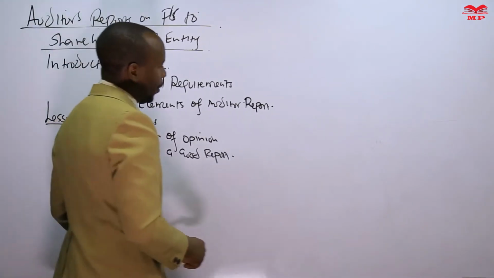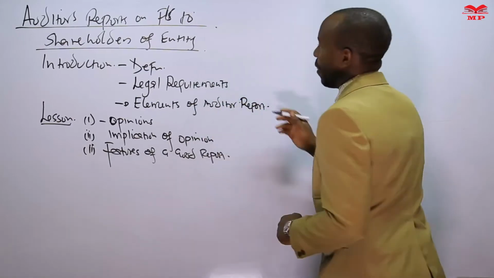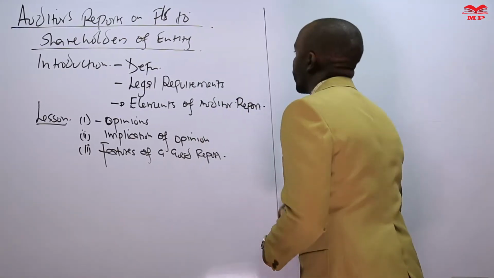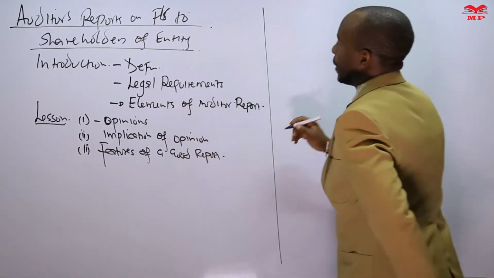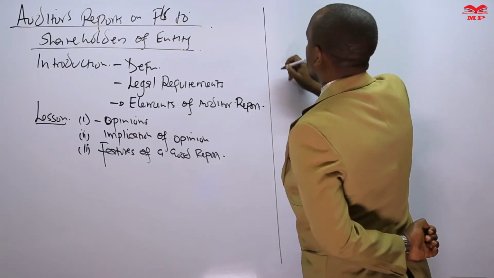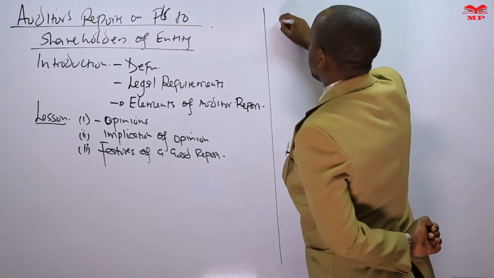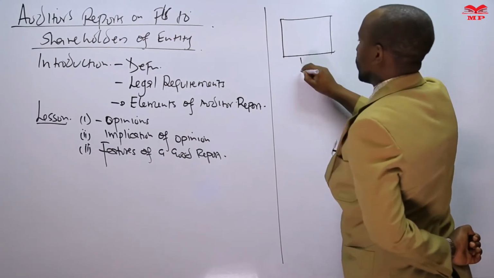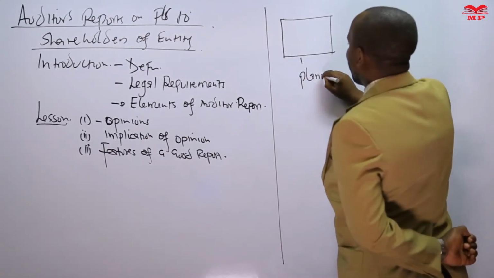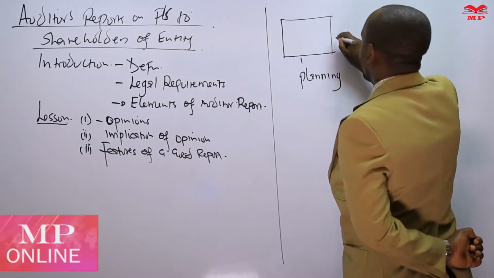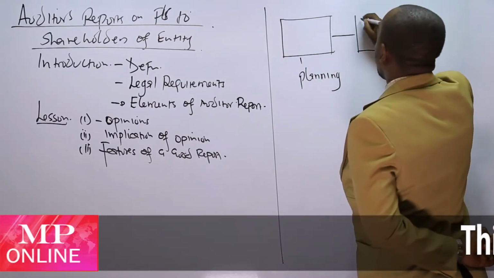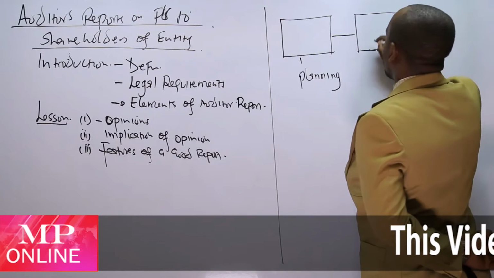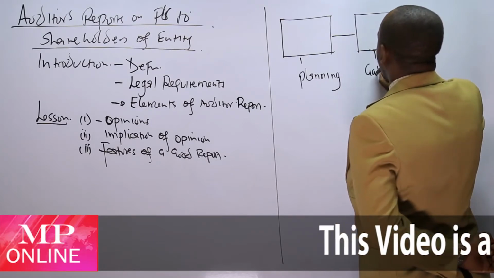Now, what I want to do here is to introduce that particular part again. Let's first of all ask ourselves, how did we come up with the auditor's report? We started with a small area called planning. We planned the auditor's work. After planning, we went to another area, which is gathering of evidence, the substantive stage.